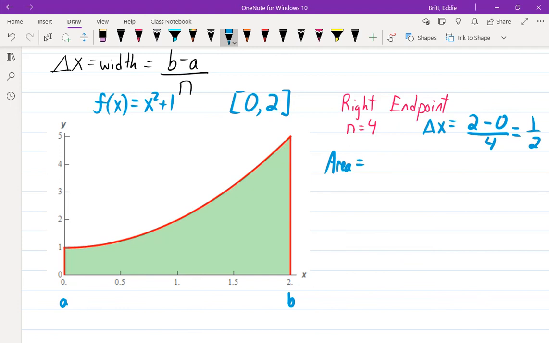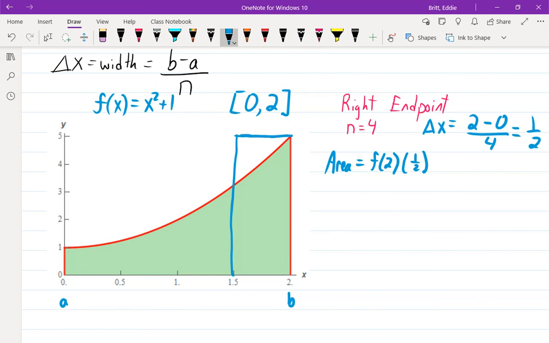All right, so we are first going to find f of 2, and then we're going to multiply that times delta x, 1/2. f of 2 is this y value way up here. So I'm going to draw a rectangle, and the width is going to be 1/2, because from 2 to 1.5 or 3/2, that's 1/2 of a unit on the x-axis.